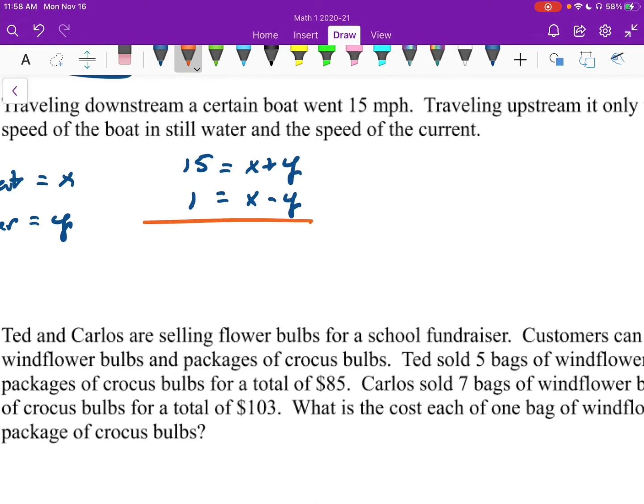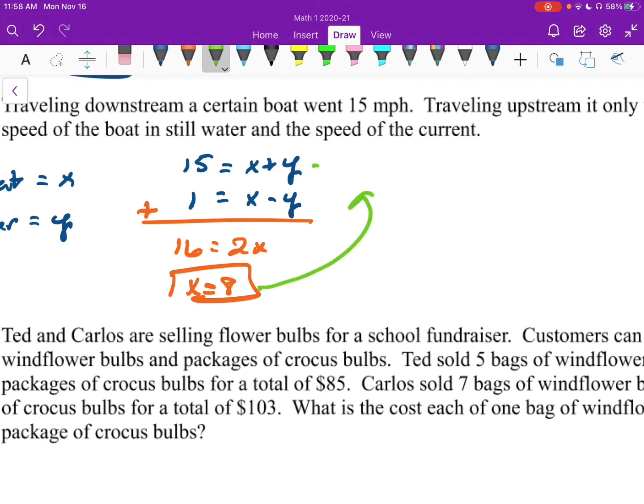We add these up again, and I get, well, 16 is 2x and 0y. So x is 8. I take this, I'm going to plug into the top one. It's 15 equals 8 plus y, and y is going to be 7.